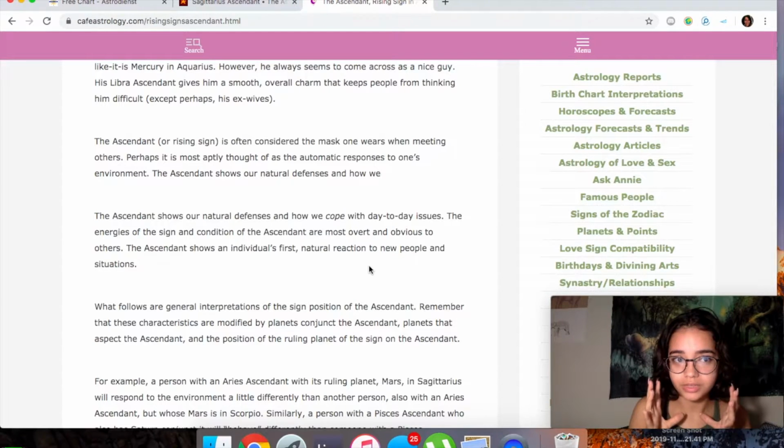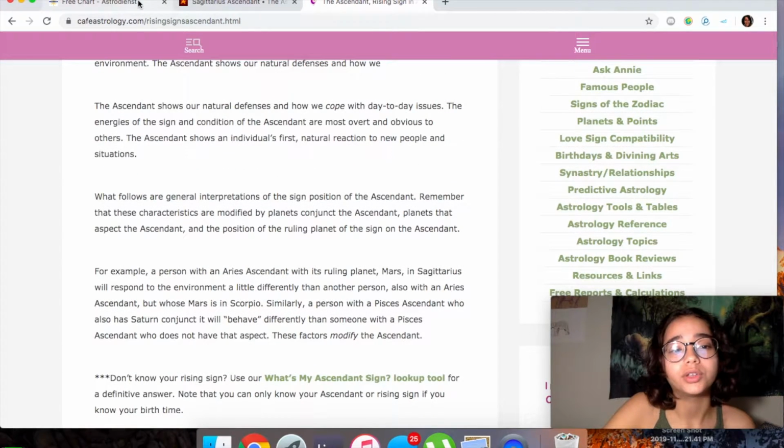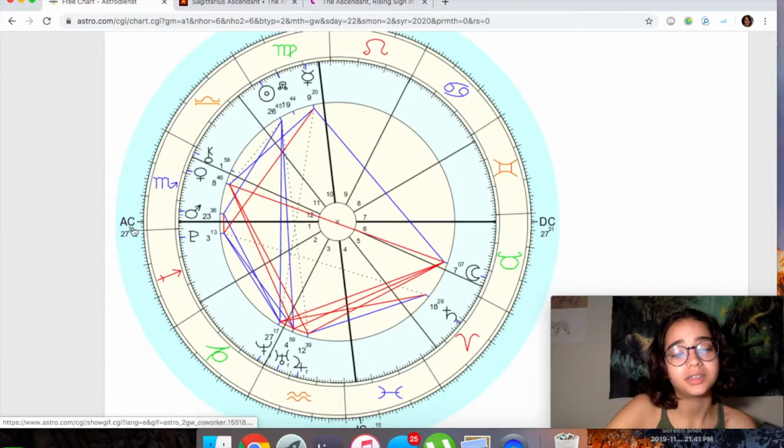It represents that first impression and reaction of you when people see you for the first time. That right there is a spiritual experience in itself. Now you have a little bit better understanding of what your rising sign and ascendant sign is and where to find it.